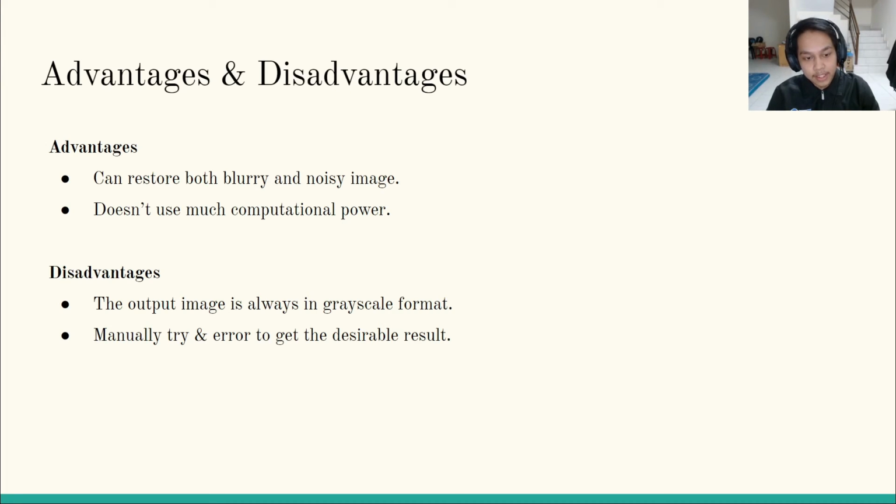A disadvantage of the system is that the output image is always in grayscale format, meaning that even if you put in a colored image, the resulting output will always be in black and white. Another disadvantage is that you need to manually try and error to get the desirable result, meaning the intensity or the size of the filter you must figure out yourself because the system will not automatically detect it for you.